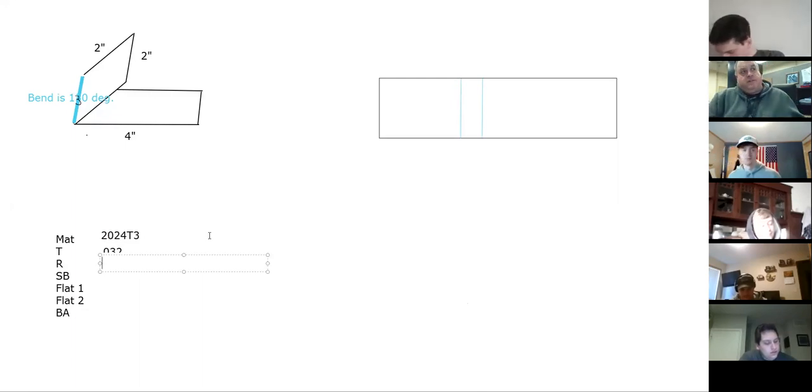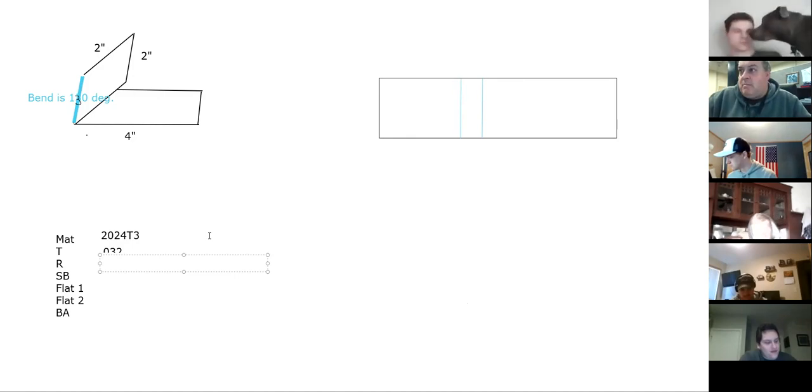Yeah. So according to the chart that's in the AC 43.13, also in our textbook, also in your little handbooks, the minimum radius would be 0.12, which is basically an eighth. So when I see 0.12, I just think of an eighth. So that's our minimum radius, Lake. What radius do you want to use for this part?